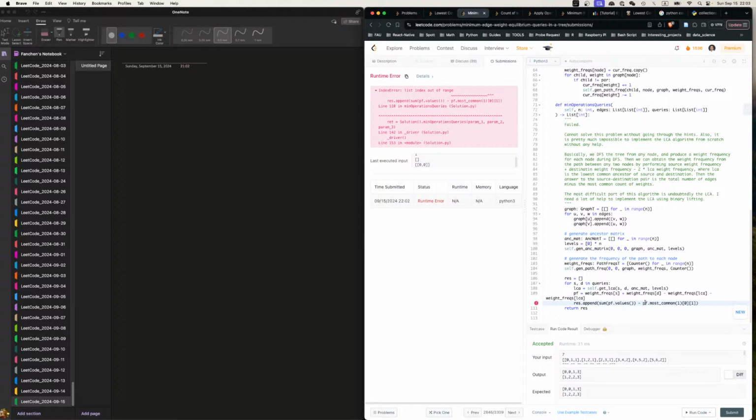So the most common is, okay, so we can say is, we put a here, if pf else 0.